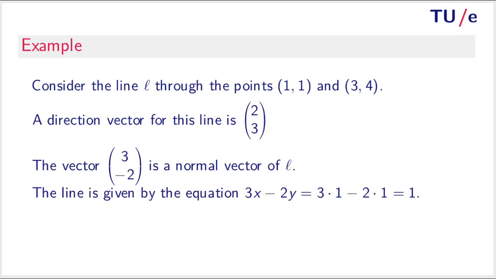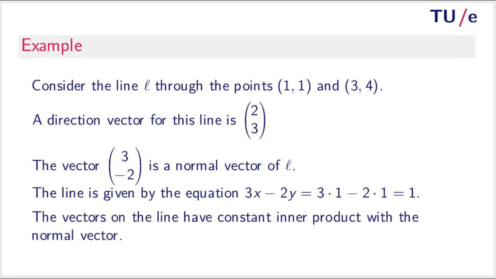That's the inner product of (3, -2) with a vector (x, y), which is equal to the inner product of (3, -2) with one of the points of the line, say (1, 1) or (3, 4). If we take (1, 1), we get 3 times 1 minus 2 times 1 is 1. The vectors on the line have constant inner product with the given normal vector.